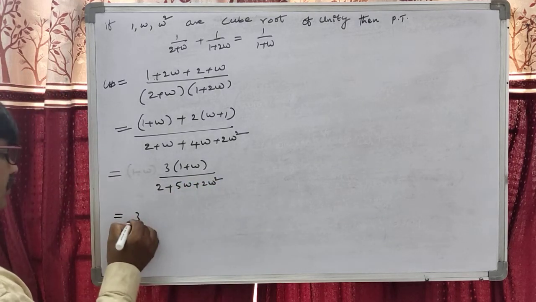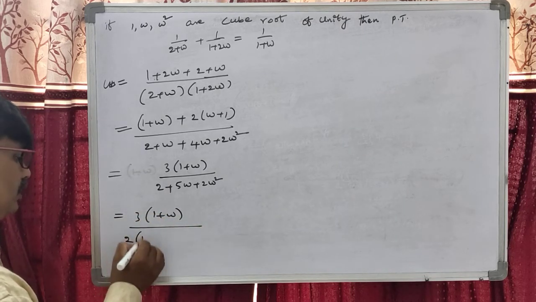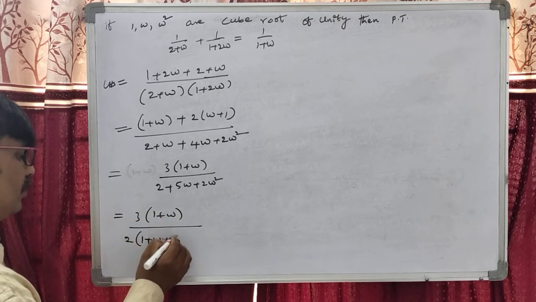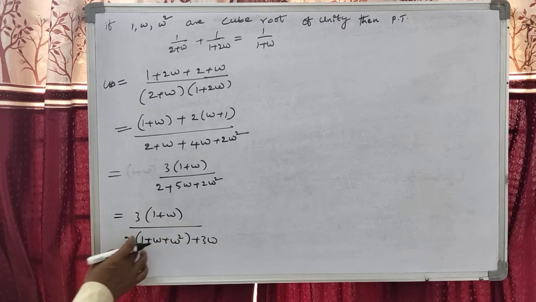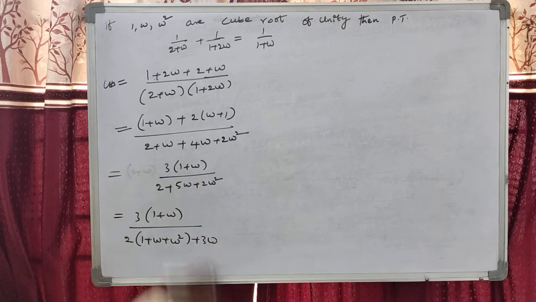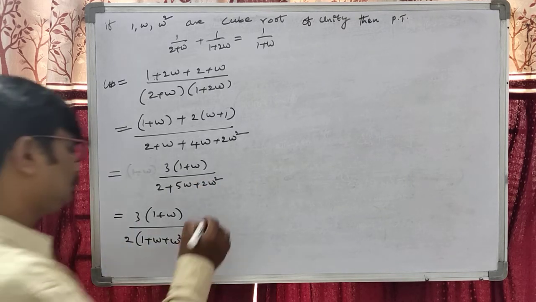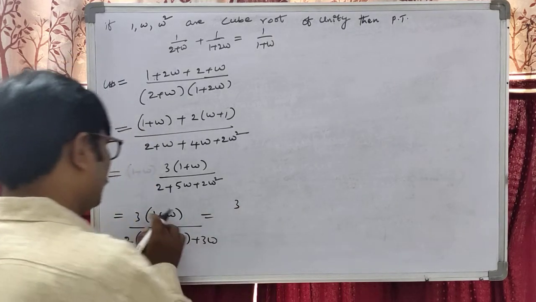After that 3 into 1 plus omega upon 2 is common, 1 plus omega square, this is 3 omega. So 2 ones are 2, 2 into omega square is 2 omega square, 2 omega plus 3 omega is 5 omega. So this can be written as 3 into 1 plus omega.